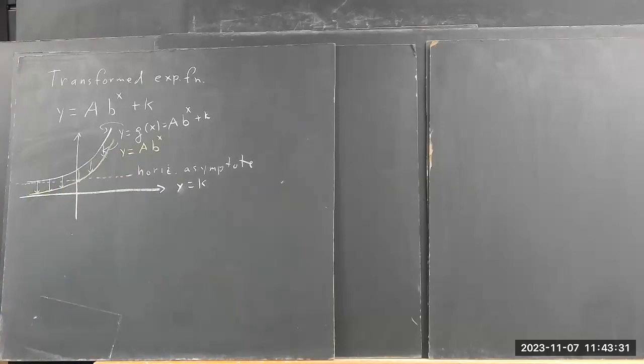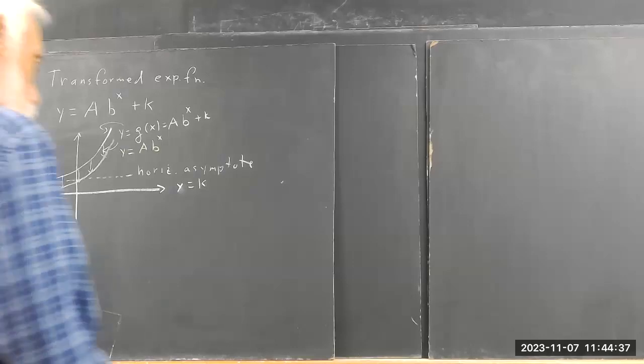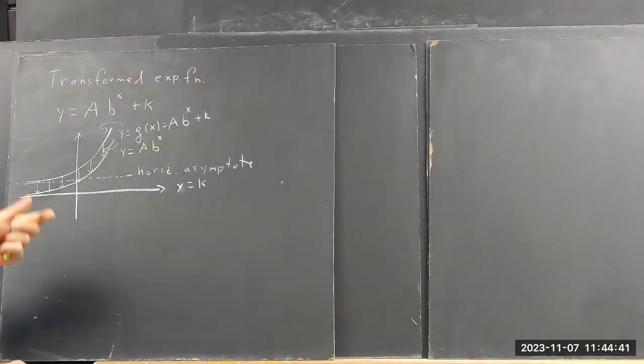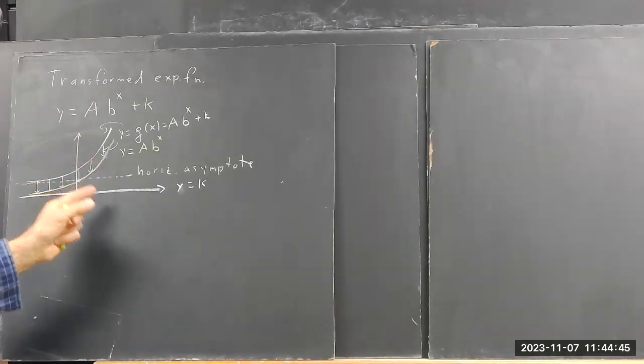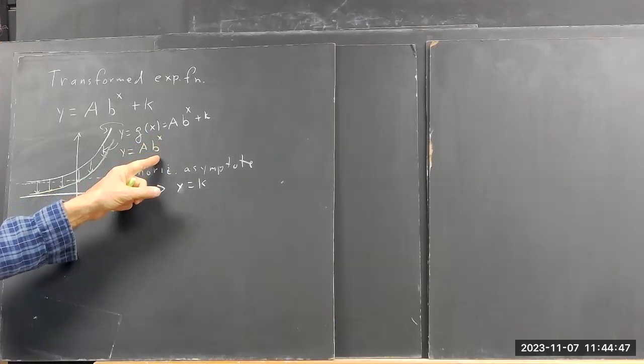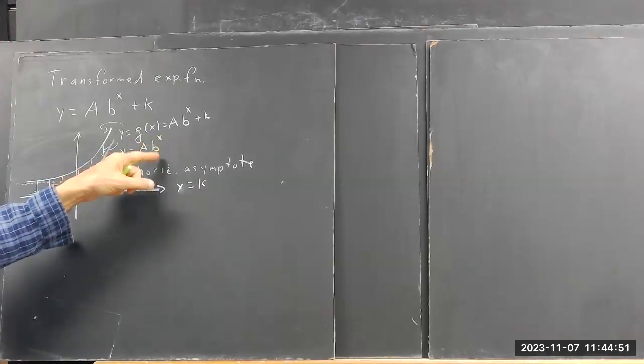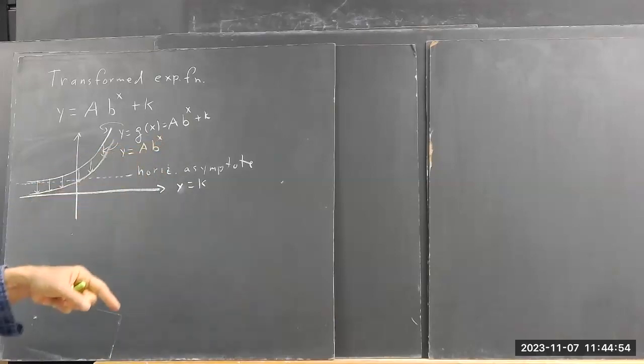Well, now let me just ask you, how can we determine the value of a? That's not completely obvious until it's pointed out, but it turns out that the y-intercept is just a, because the y-intercept occurs when x equals 0 and b to the 0 is 1, so that when x is 0, y equals a.